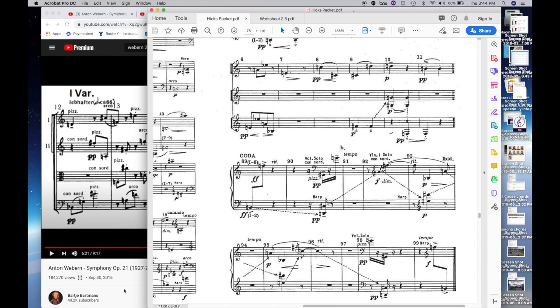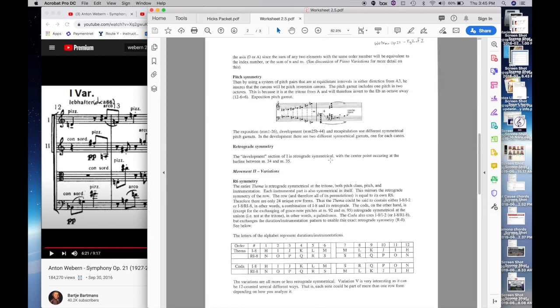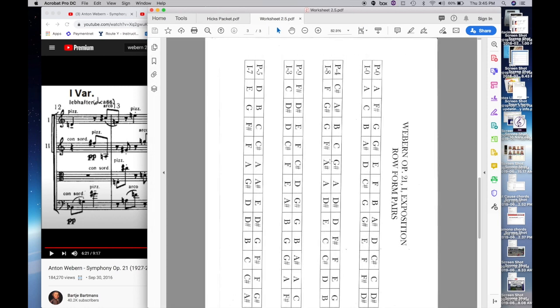Think about it. And I wrote about it on my little worksheet here. Oh, and by the way, here's an illustration of these row forms with the index number of 12. In other words, their transposition numbers are inversely related, adding up to 12 or 0.